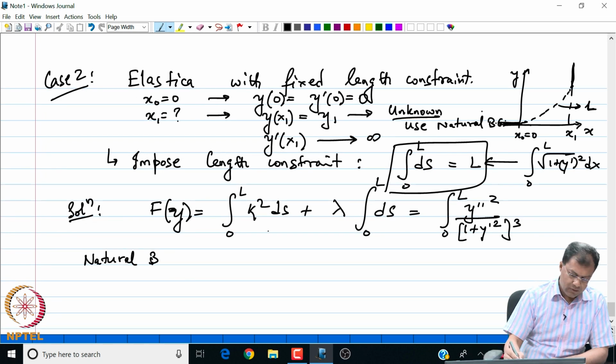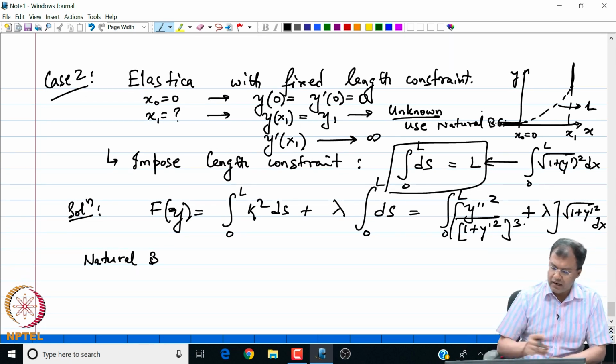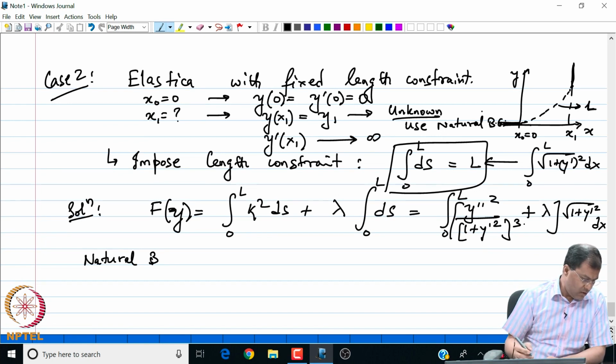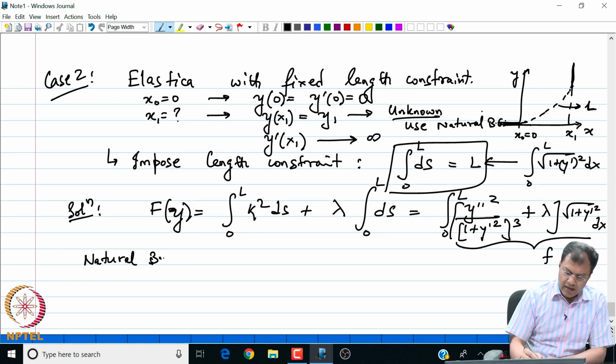So that is my kappa square, plus lambda times square root of 1 plus y prime square dx. So this is my integral that I am trying to optimize. This is my f, the integrand, and my natural boundary conditions are as follows. We have to use the condition for higher order derivatives.